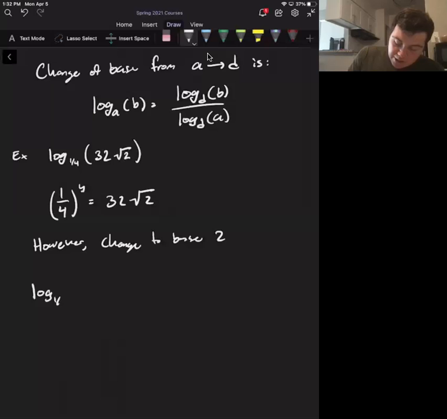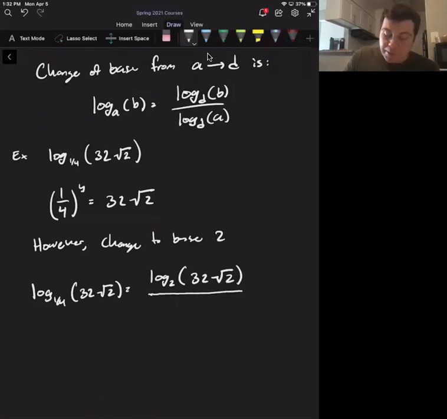So we'll rewrite using our change of base. It's going to be log 2 of what's inside the parentheses, so that's 32 square root of 2. And we'll divide that by log 2 of 1/4, the base of the logarithm above.